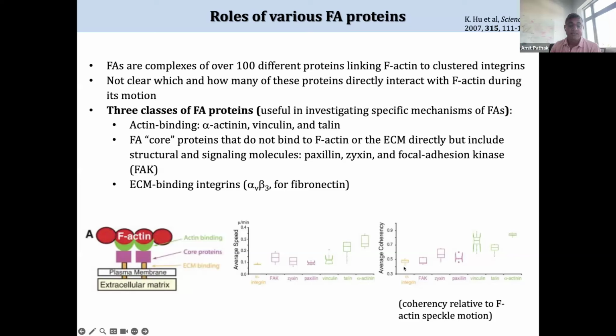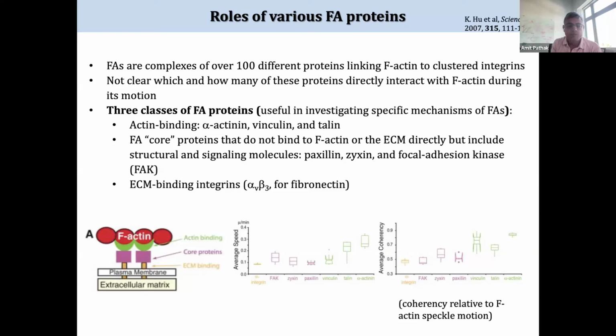Integrin is the farthest away and least correlated to actin, meaning it is farthest from F-actin motion. That's one of the ways they were able to categorize these proteins. I think this one is very useful if you're interested in doing research in focal adhesions, as to which proteins to focus on, and that depends on the question that you're studying.